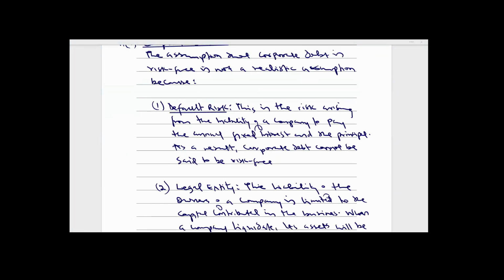Then part B of requirement number 2. The examiner is asking you to recompute your cost of capital because you have been given the debt beta to be 0.3. So we need to recompute the work.